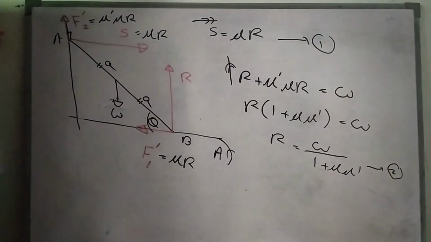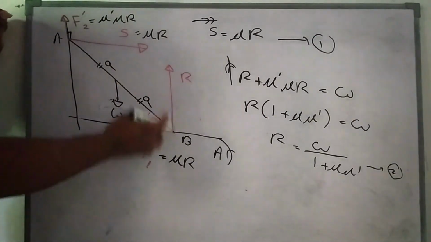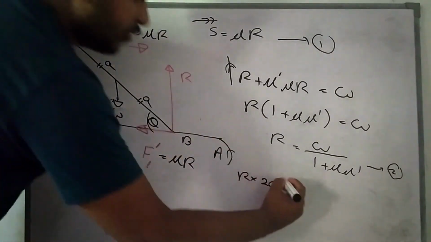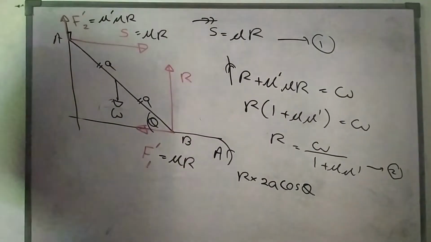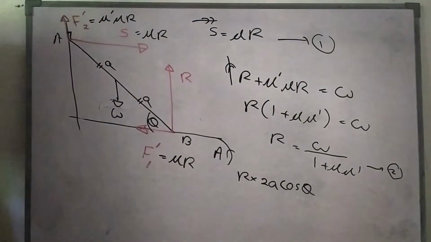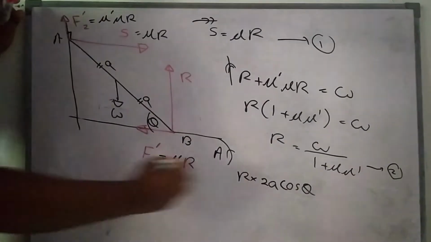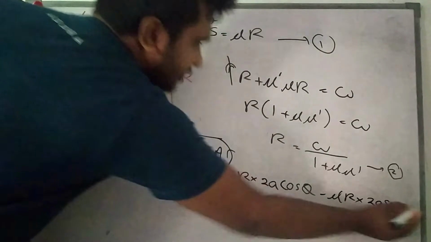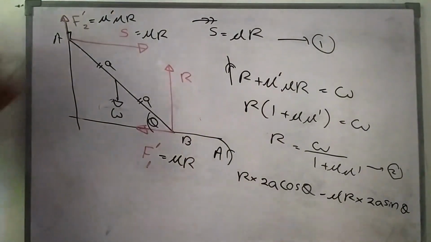So this value is A, and R into 2A cos theta, and mu R into 2A sin theta, minus W into A cos theta, equals 0.